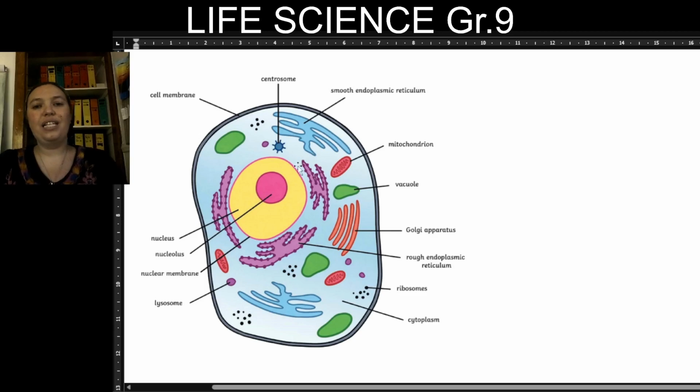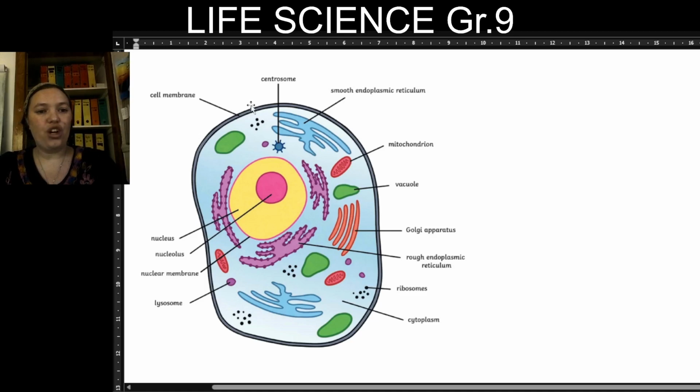Everything that has to do with the nucleus has nuclear in its name. It's got a membrane around it, so it's a nuclear membrane. Inside the nucleus, not shown on this specific diagram, we also get the chromatin network, which is basically the DNA.